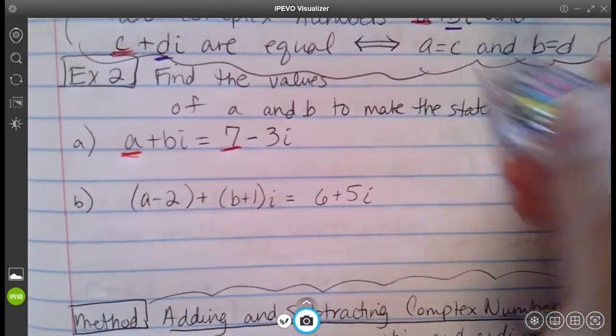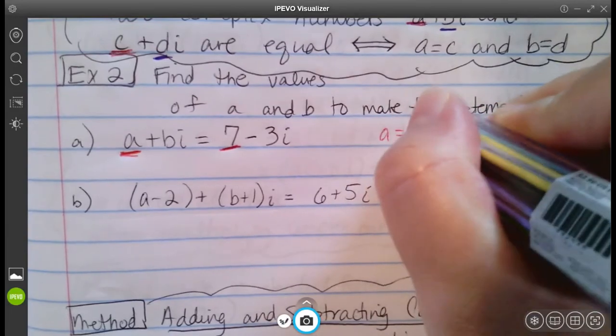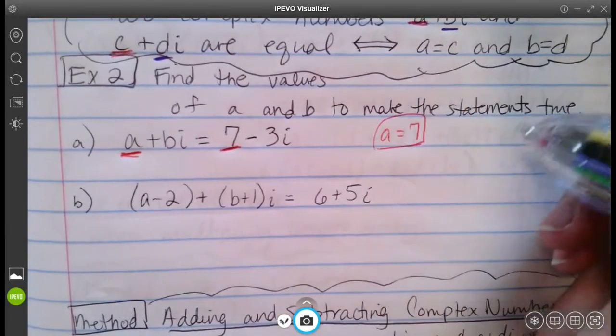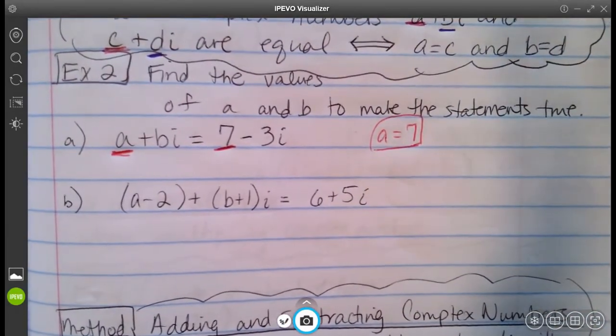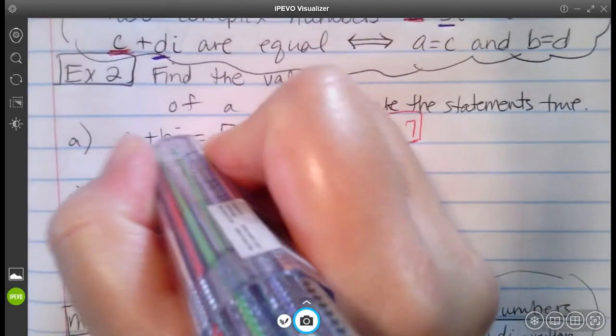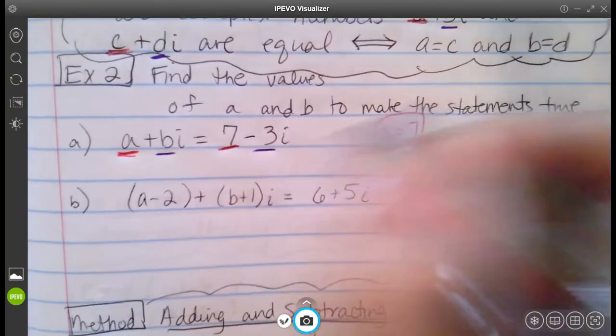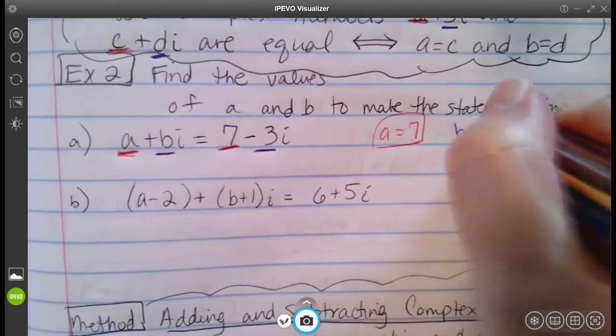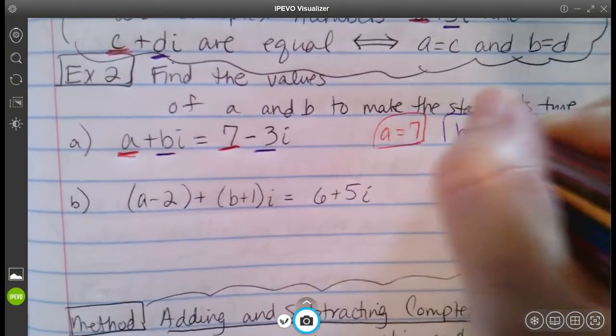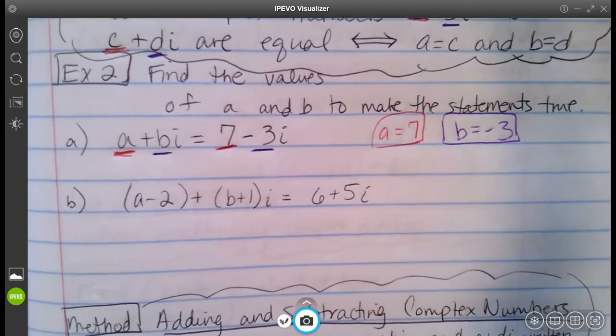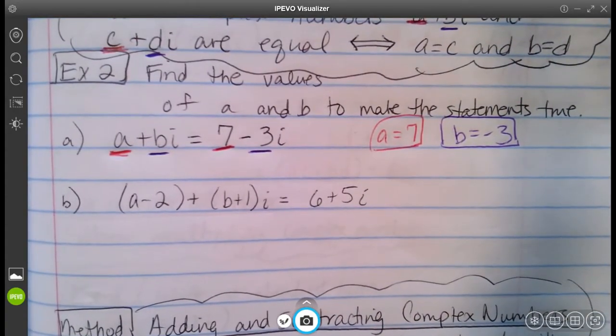So right away, I can tell that a is equal to 7. I don't have to do any calculations for that one, okay? And the b is something similar. So there's my b, and it looks like the b on this side is -3. So b equals -3. No calculations required for this one, okay?